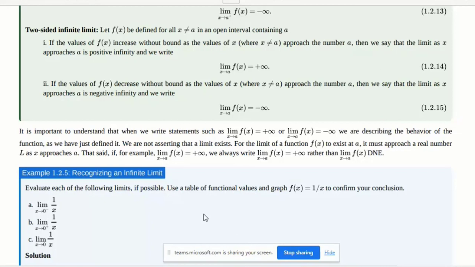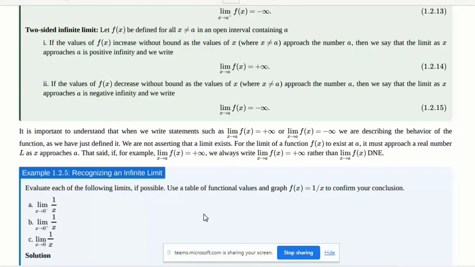Yes, Magwen, you want to answer number B. The limit from the left is not equal to the limit from the right. I can hardly hear you, Magwen.